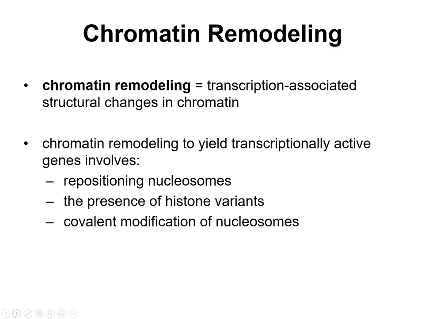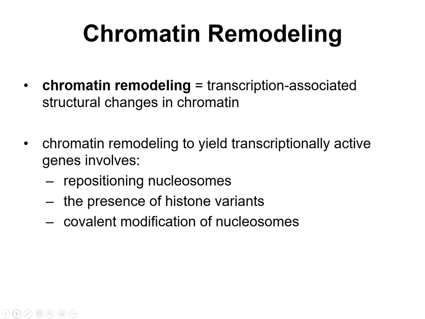Because of the existence of nucleosomes and DNA being tightly wound around these histone cores, you have to have some remodeling. And that's again called chromatin remodeling, which is transcription-associated structural changes in the chromatin. What happens when you remodel is you reposition the nucleosomes, so you maybe slide them down or kick them out altogether.